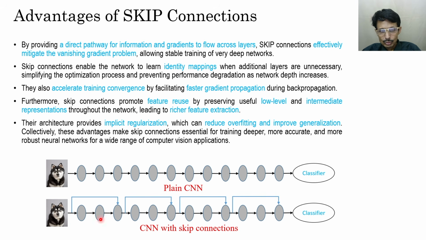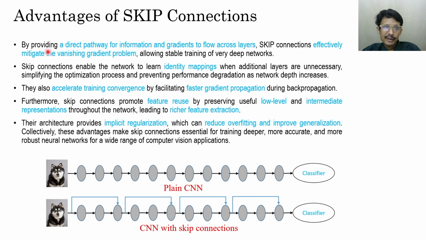Here also there is an image to classifier, but with skip connections. It can span two modules, it may be more than that or less than that. So there is a skip connection, there is a skip connection, there is a connection. This is the basic idea of what skip connections look like for an entire network.